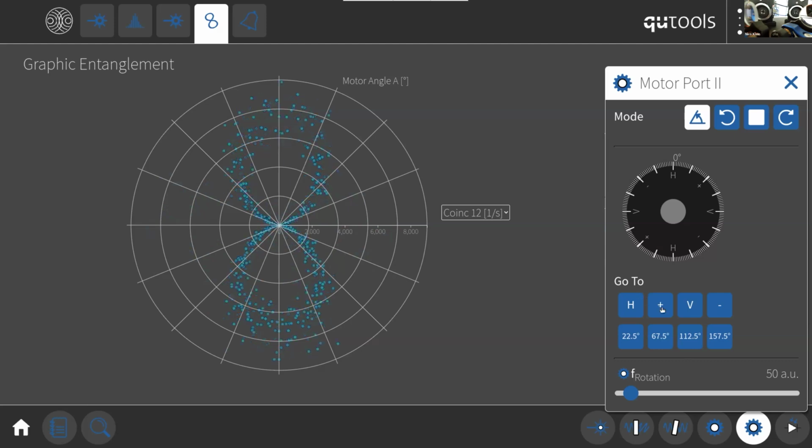And with an entangled state, it is actually also true for the plus and minus 45 degree basis. So you can see here, I can change the polarizer also to plus 45 degrees, and I will get this maximum correlation at plus 45 degrees. I can set it to minus 45 degrees, and I get the correlation at minus 45.